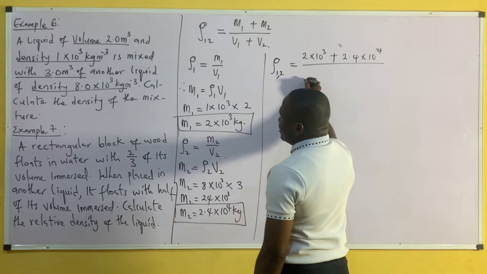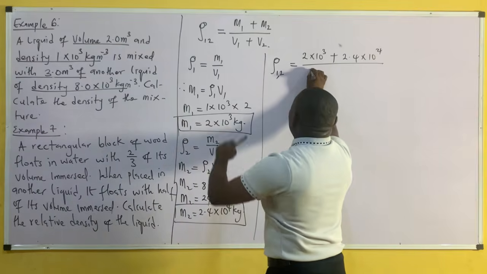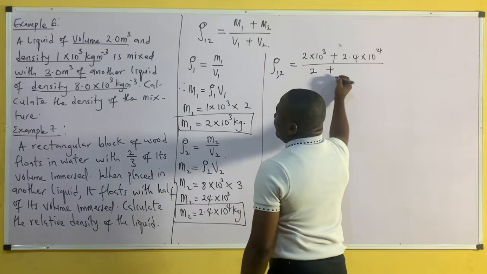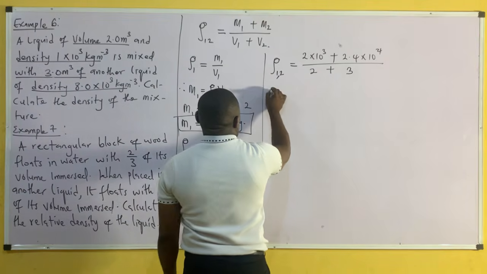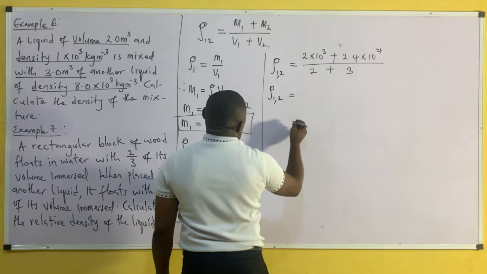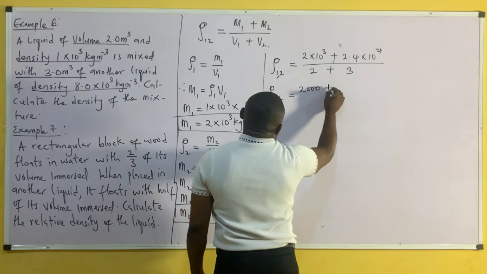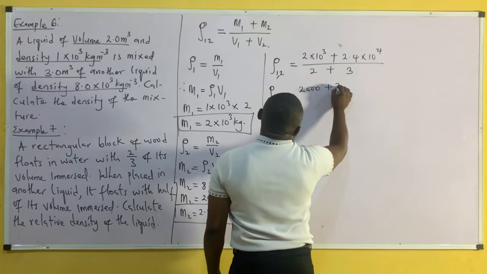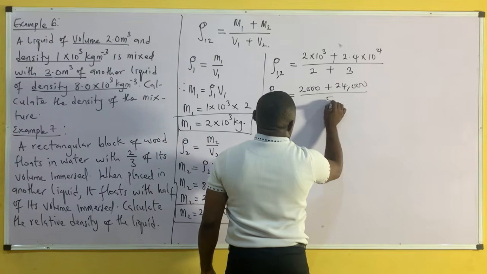The volume of 1 is 2, plus the volume of 2, which is 3. So now the density of the mixture will be equal to 2,000 plus 24,000 over 5.